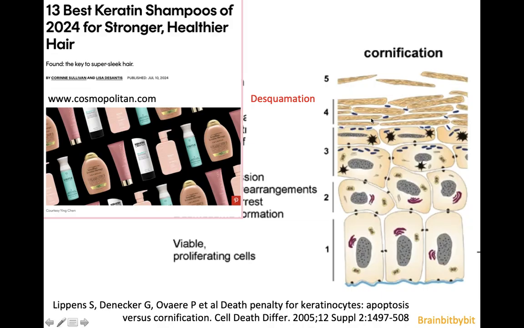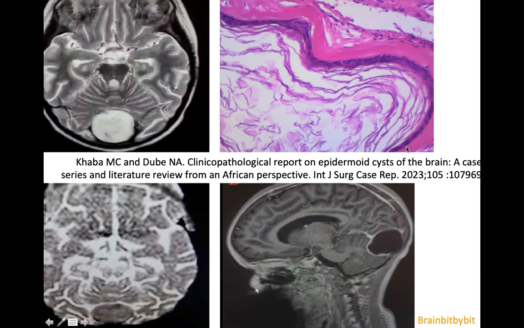So an epidermoid cyst only contains the upper layers of the skin, and they desquamate their keratin. And keratin is a very strong horn-like substance. And this is an epidermoid cyst in the posterior fossa with high T2 signal and restricted diffusion.